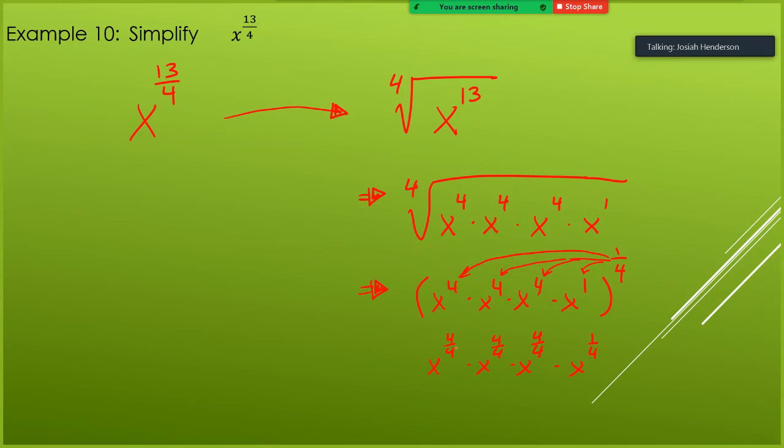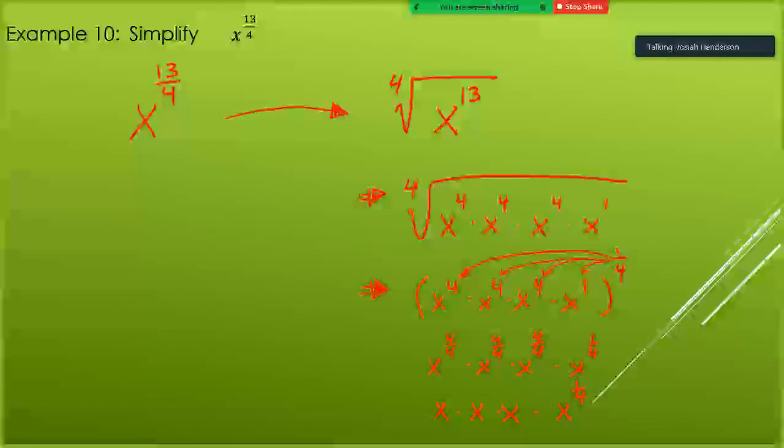So simplify these first three x's. That's just x times x times x, and then x to the 1/4. The chunk that still has a fraction is trapped inside the radical box. The three that don't have fraction exponents are free. They have exited from the radical box.